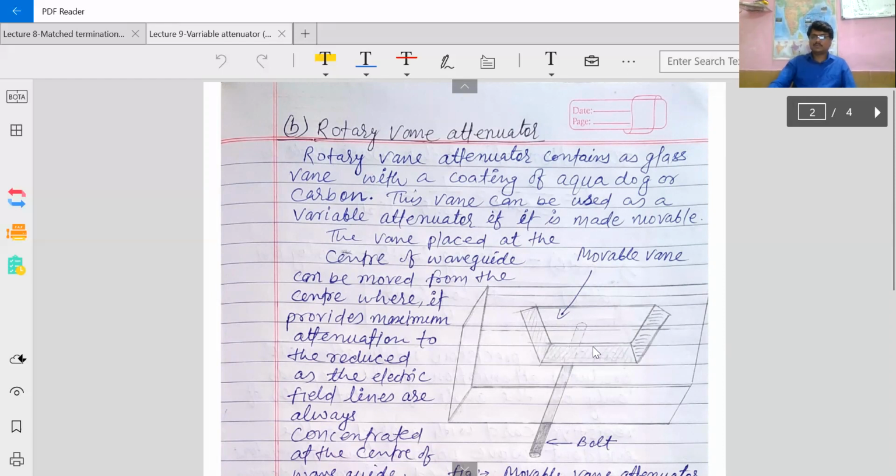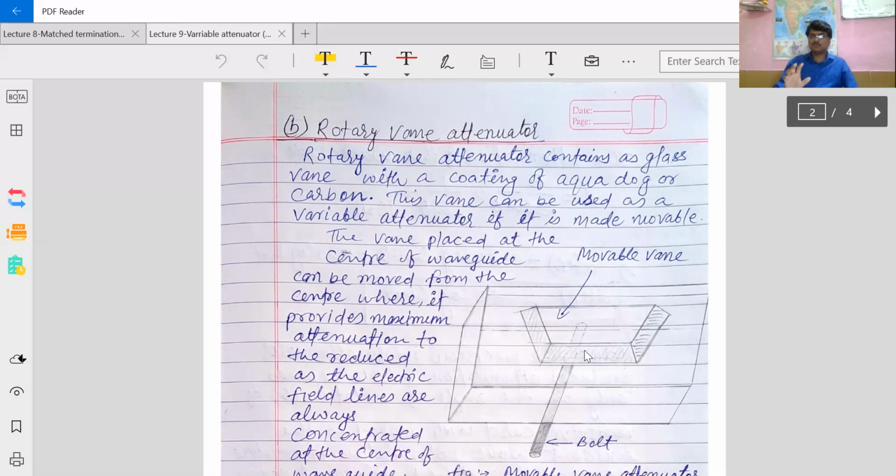So there are two types of movement. First of all, we can move it laterally, let us suppose from the lower to the upper end. As most of the power flowing through the waveguide is concentrated at the center, if this movable attenuator is at the center, attenuation will be maximum.